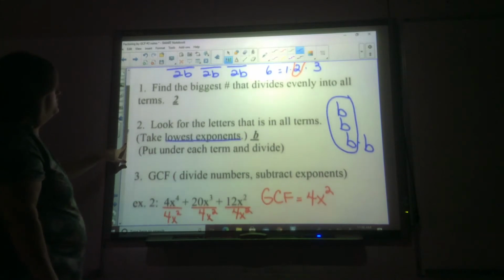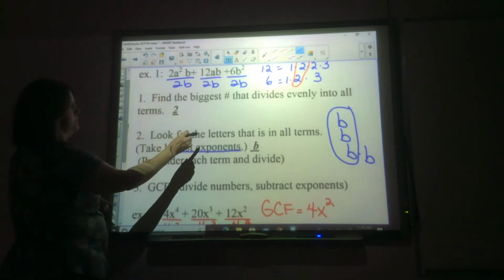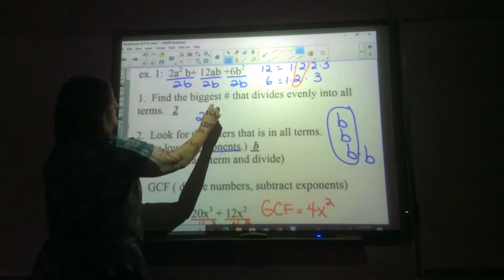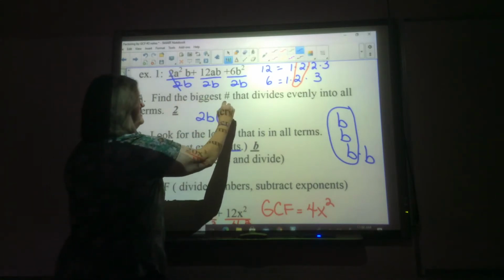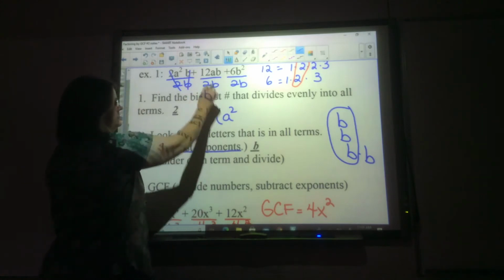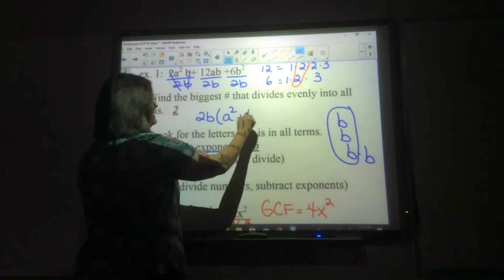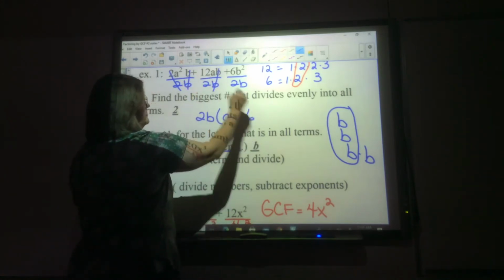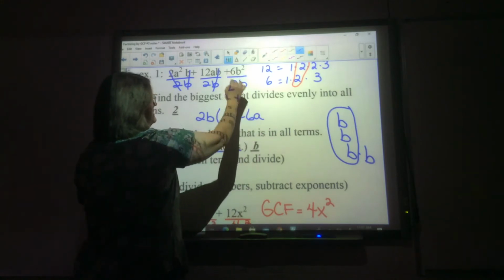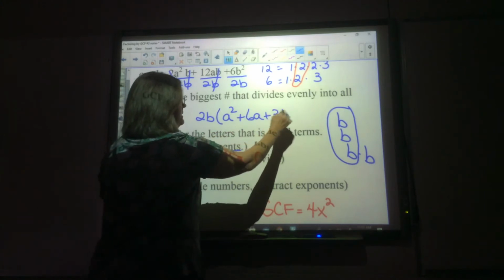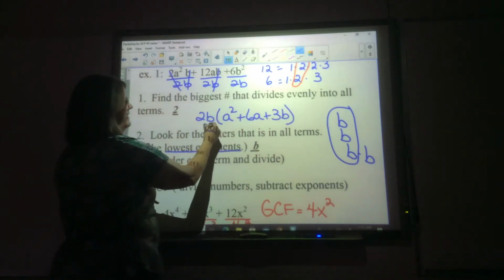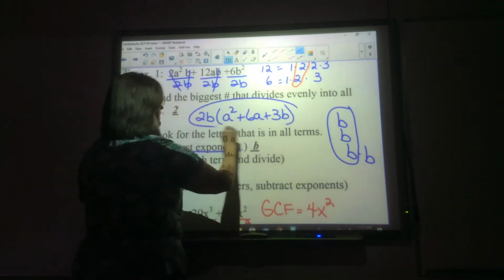So if I take 2B out of this, it is going to be 2B times, this cancels, I have A squared left in the first term, that cancels, 12 divided by 2 is 6, that B cancels, A, 6 divided by 2 is 3, and B squared over B is B. So this problem factors to be this right here.